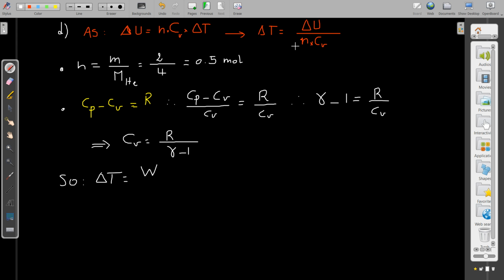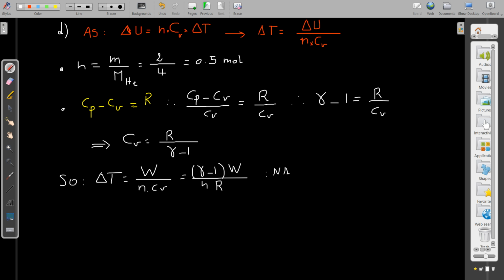You substitute delta U by work over nCv. But you have everything for Cv. Cv is R over gamma minus 1. So fraction under fraction, you get gamma minus 1, of course, times work, over nR.